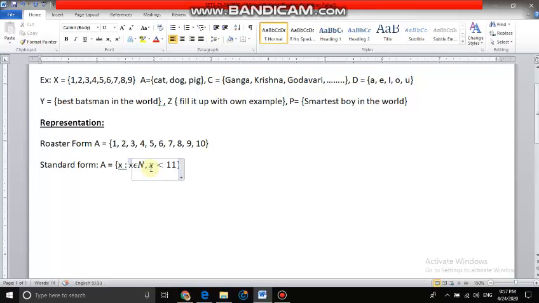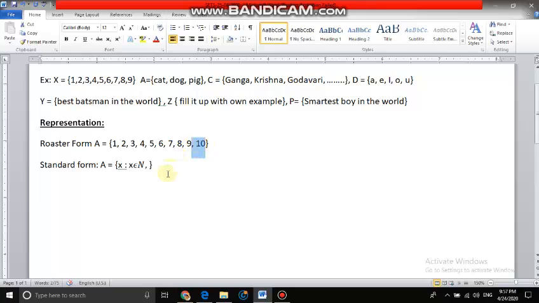If I don't write this one, x is less than 11, if I remove it and write only x belongs to N, then set A consists of all the natural numbers from 1 to infinity: 1, 2, 3, 10, 11, 1000, 10,000, 1 lakh, 10 lakh, and so on. It continues. But here in the set A, I have given only till number 10.